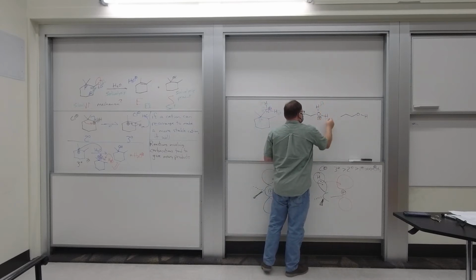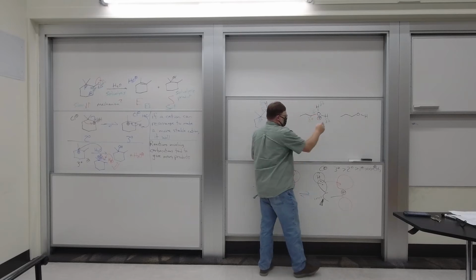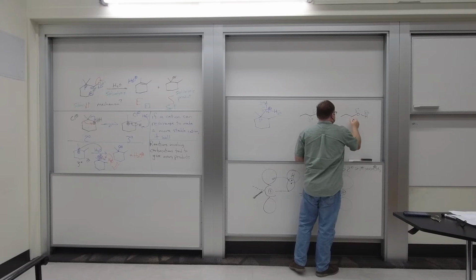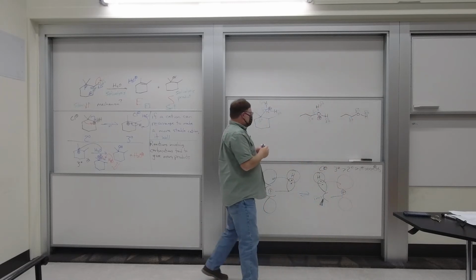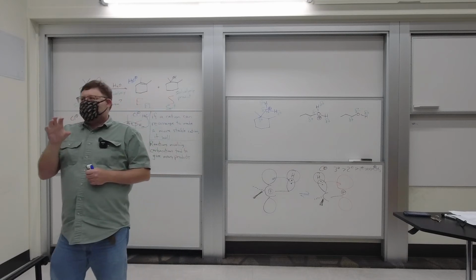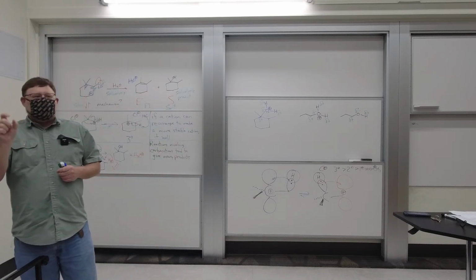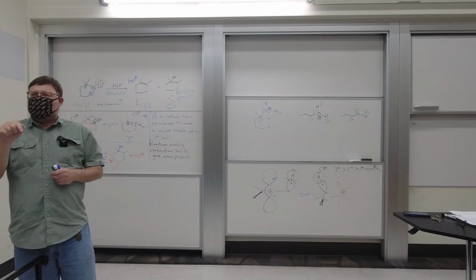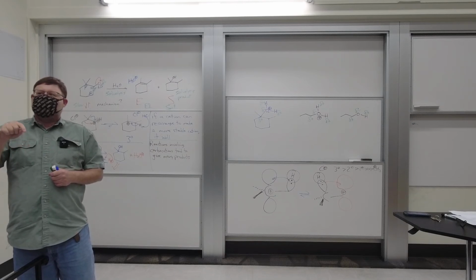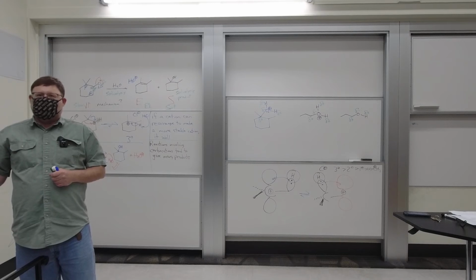partial positive, partial negative. That carbon is partial positive. Over here, you're used to seeing that. That O plus, any one of those 3 bonds to the O plus is a more polarized bond than in the neutral OH.